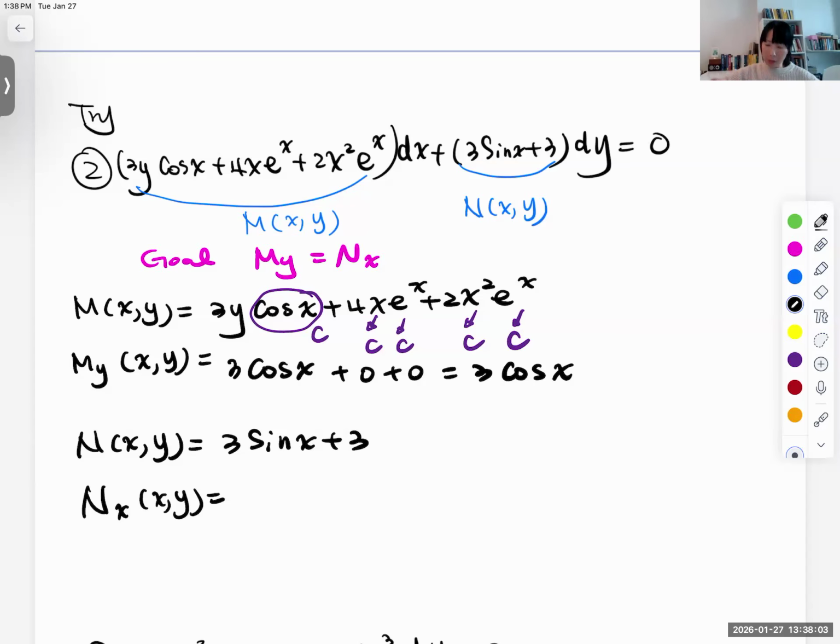What's the derivative of sine x? Cosine x, right? So 3 cosine x. And the derivative of 3, a real constant, is 0, right? So it's 3 cosine x. Okay, so it matched, 3 cosine x and 3 cosine x, so it's exact, right?